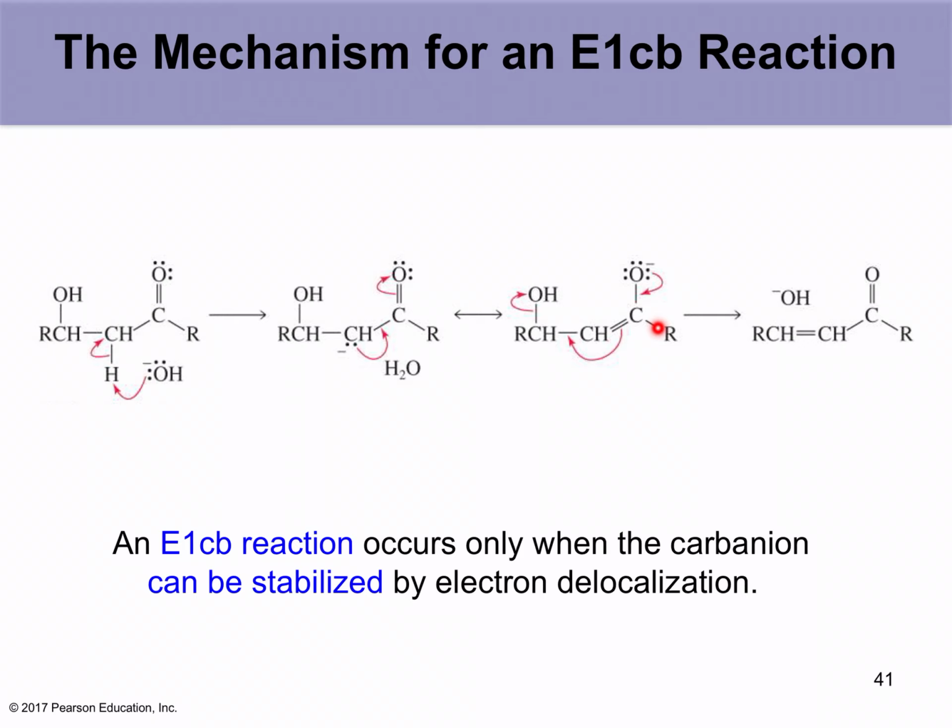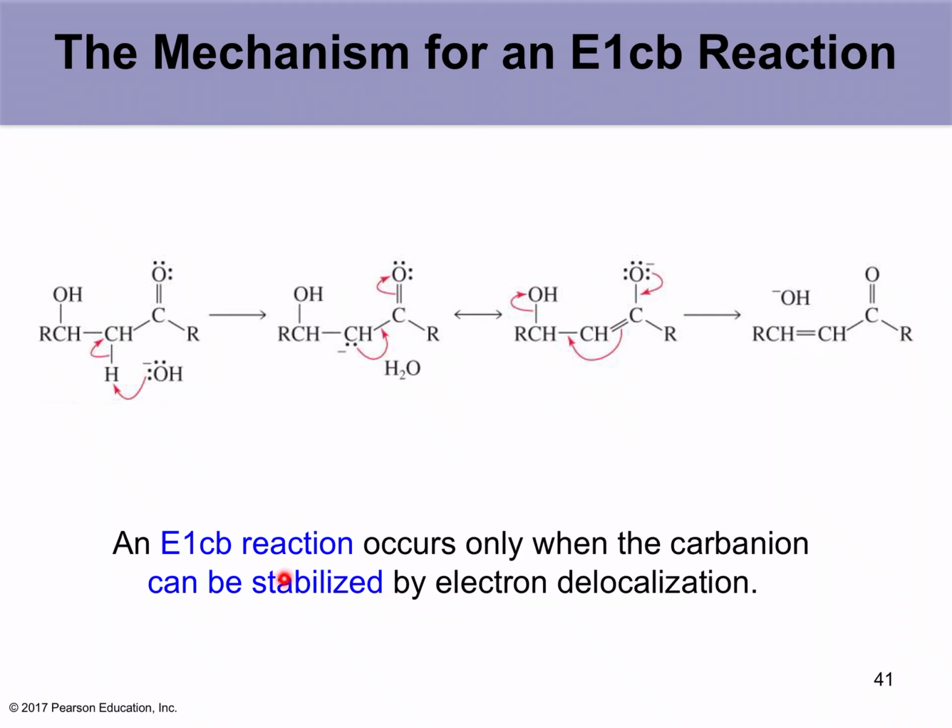Now once this happens, you can see there is a nice flow of electrons. One of the lone pairs reforms the carbonyl, the pi bond breaks to give another pi bond over here, and then the hydroxide group is lost. So we make the condensation product, which is the alpha beta unsaturated carbonyl compound. So this is the E1CB mechanism.